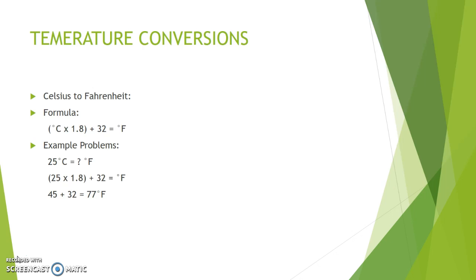So if you plug 25 in, you get 25 times 1.8 plus 32, and that gives you your 77 degrees Fahrenheit. Another example problem, plug 77 in for C, multiply by 1.8, add 32, and you get your answer of 171 degrees Fahrenheit.